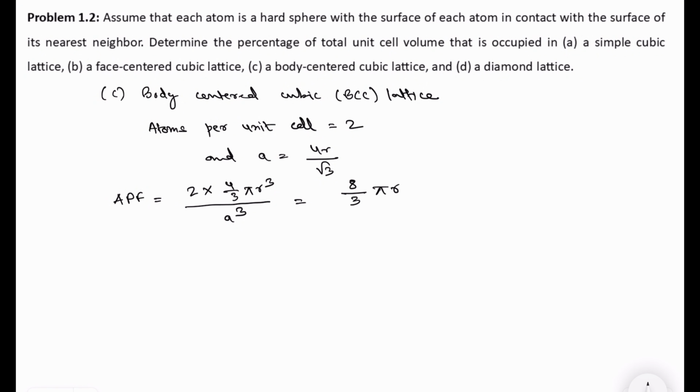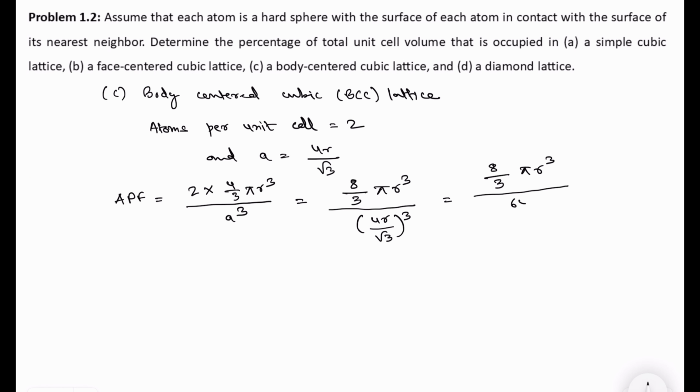We have 8/3 πr³ over (4r over √3) whole cubed, which is equal to 8/3 πr³ upon 64r³ upon 3√3.